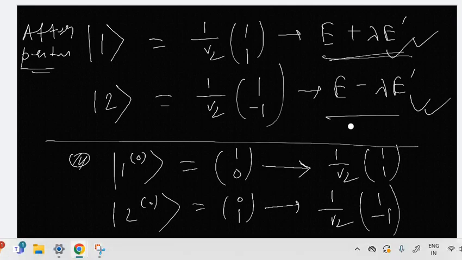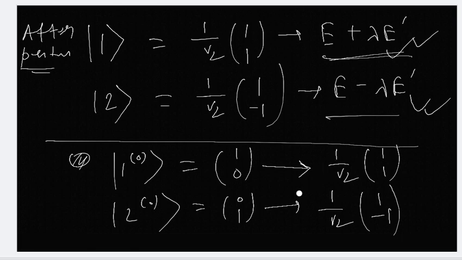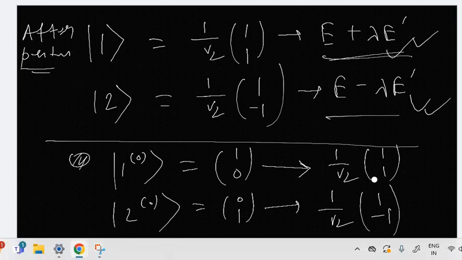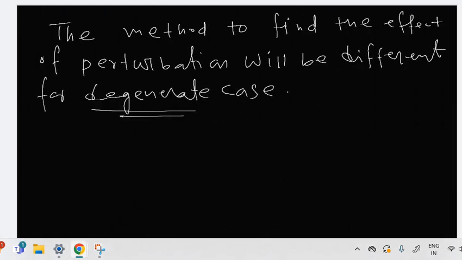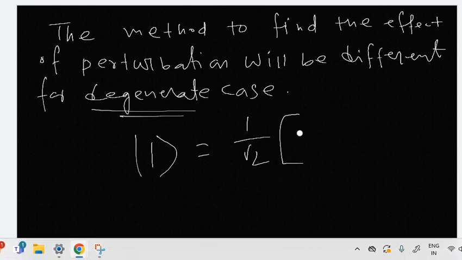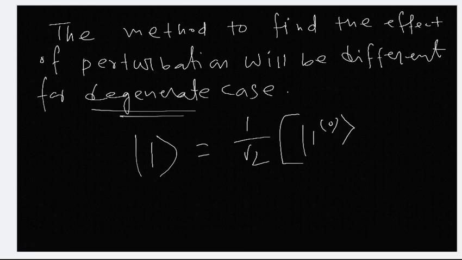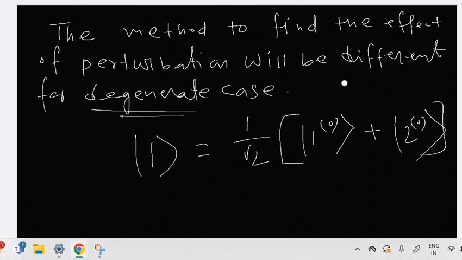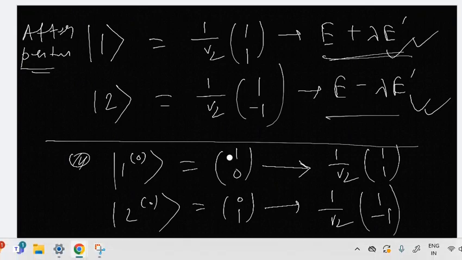Okay, so look at here. You can express the perturbed state or perturbed spectrum as a linear combination of the unperturbed system. You can definitely write |1> is equal to 1 by root 2 (|1 0> plus |2 0>), because 1 0 plus 2 0 means 1 1, with 1 by root 2.